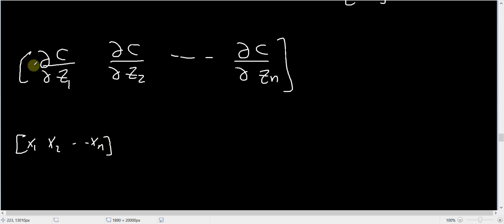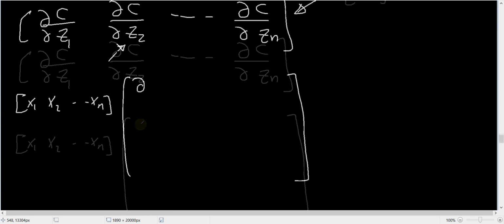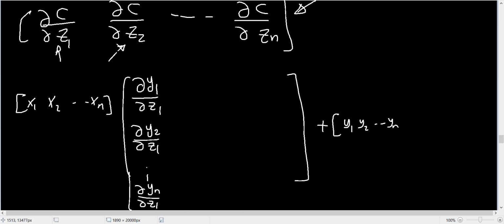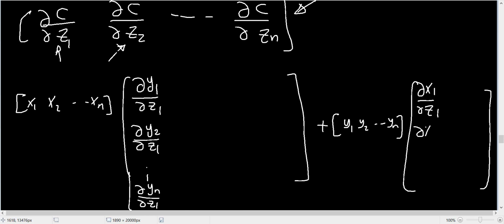Now for this first one I need partial y1 by partial z1, then partial y2 by partial z1 up to partial yn by partial z1. So that's for the first term. And here I can have a similar term y1, y2 up to yn multiplied by the first column, which was partial x1 by partial z1, partial x2 by partial z1 up to partial xn by partial z1. So that's for this first term right here.